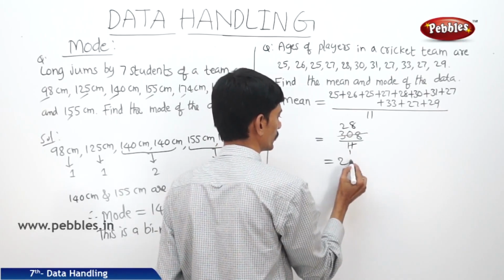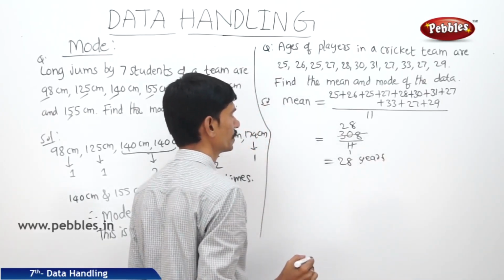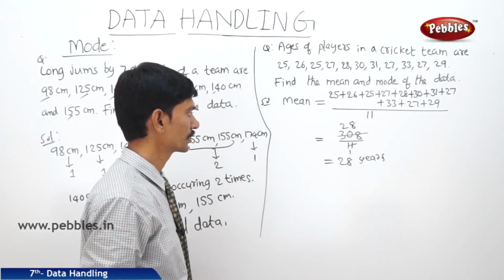So this equals 28 years. This is the average age of all the players in the cricket team.